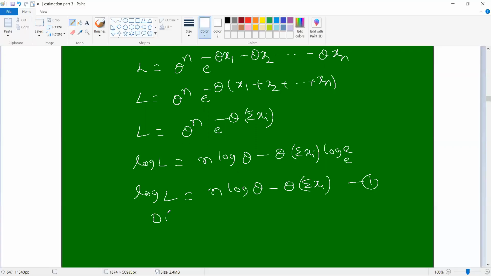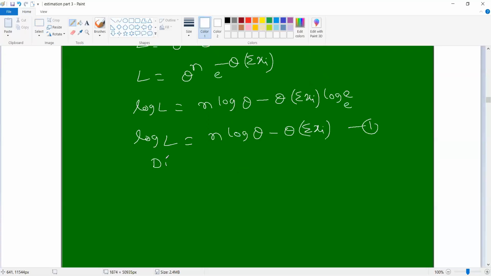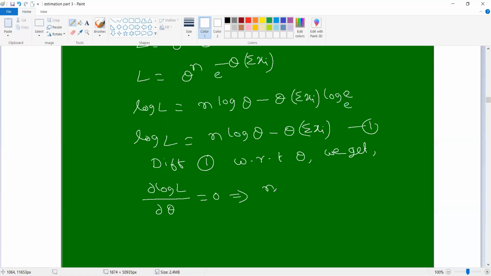To get the MLE of theta, differentiate equation 1 with respect to theta. We get dou log L by dou theta is equal to 0, which implies n by theta minus, with differentiation with respect to theta, summation xi is equal to 0.